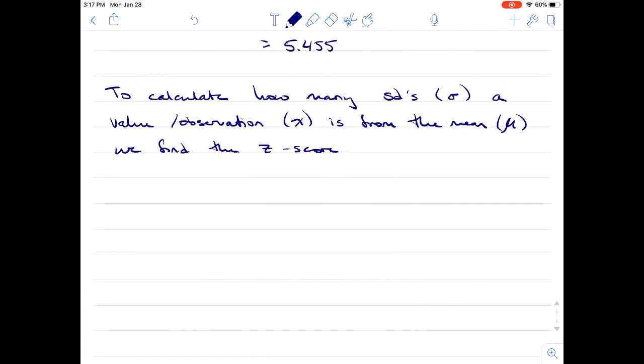It's on your formula sheet, but I'll just write it on here: x minus mu over sigma.